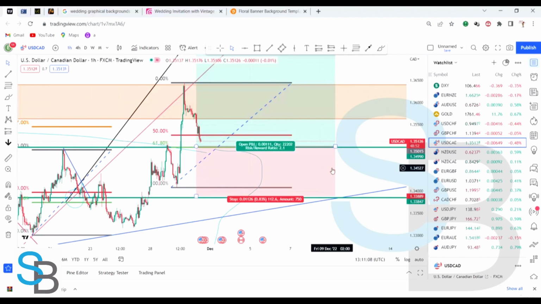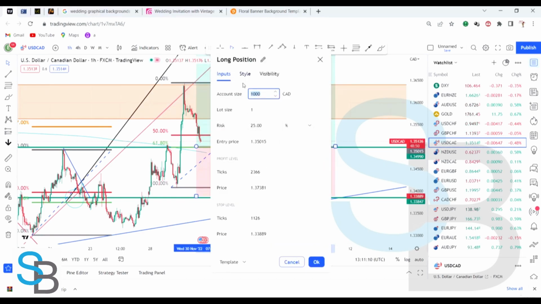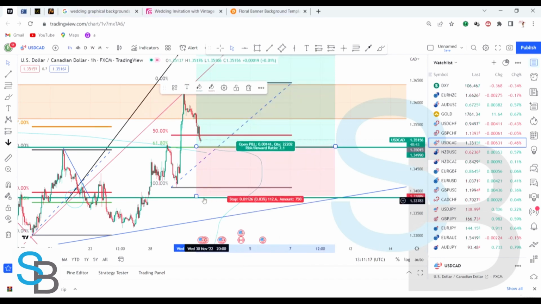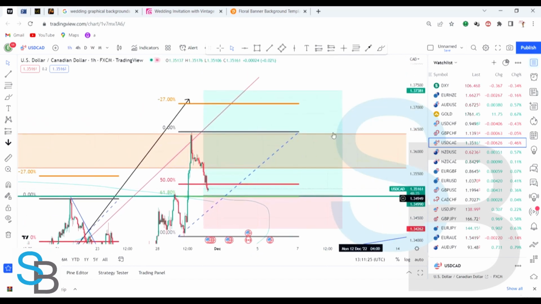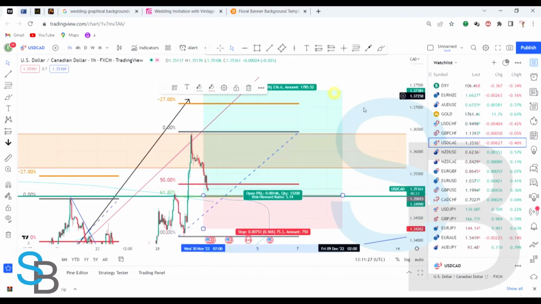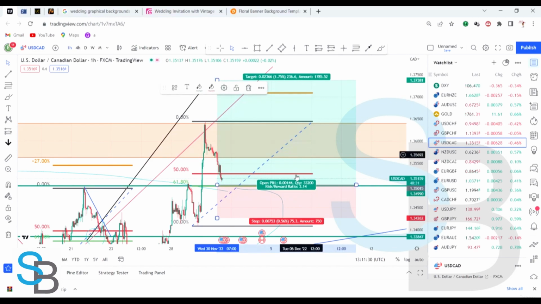I'm going to double click this, and I'm using, of course, the least risk possible, so 0.01. For the stop loss, let's make it 75 pips, and the take profit will be 236 pips, right?